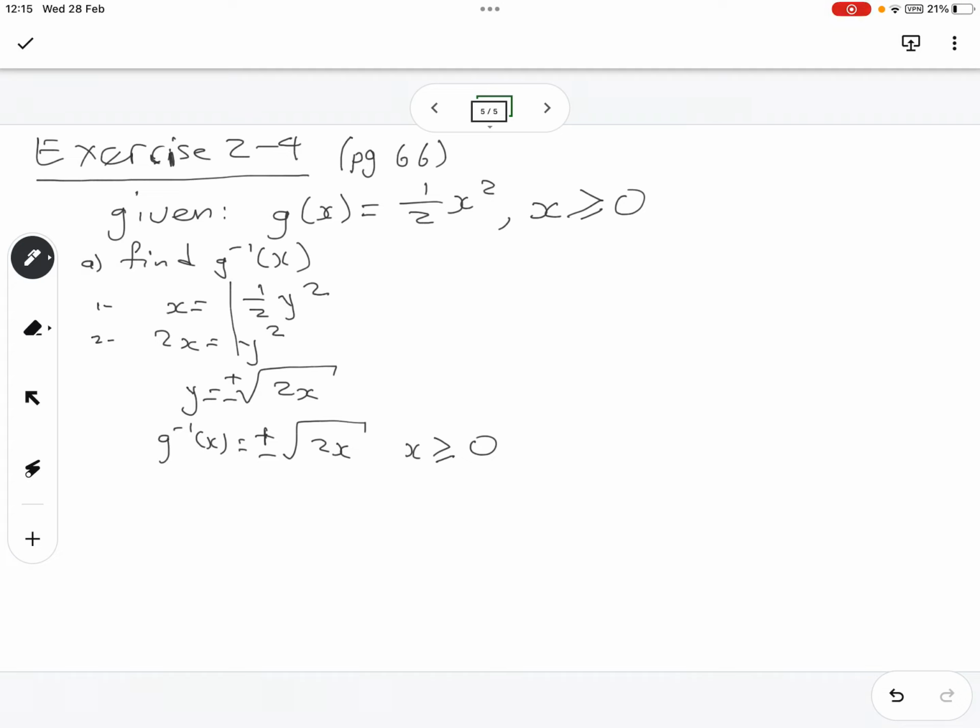The second thing we must do is plot g and g inverse on the same set of axes.